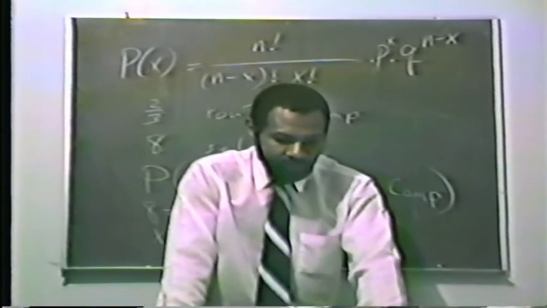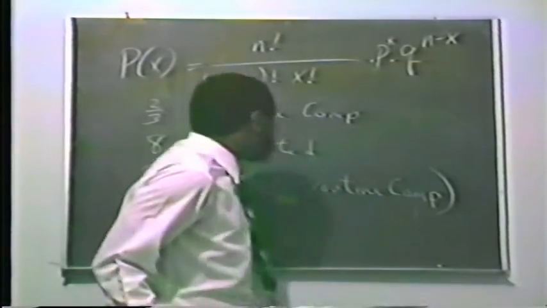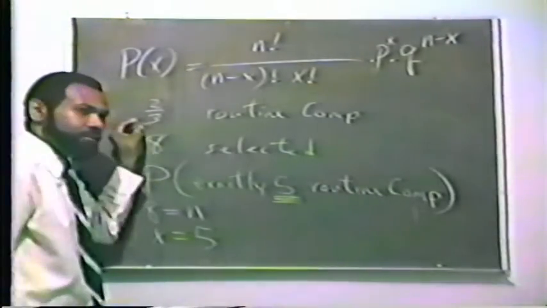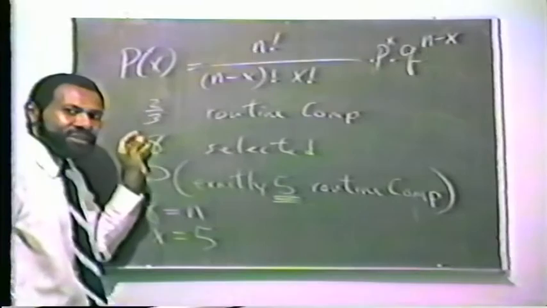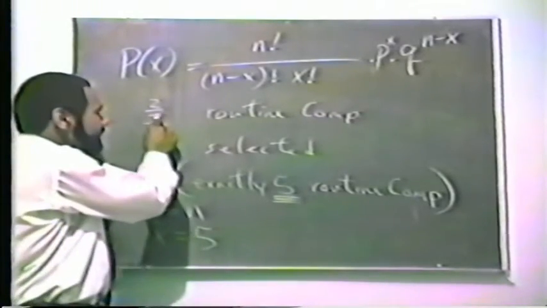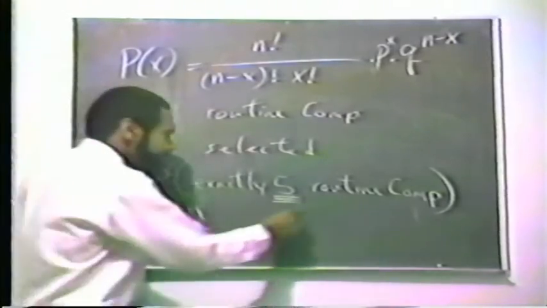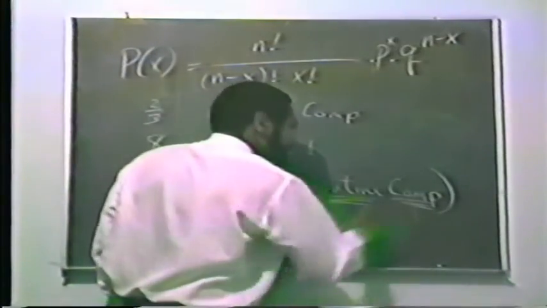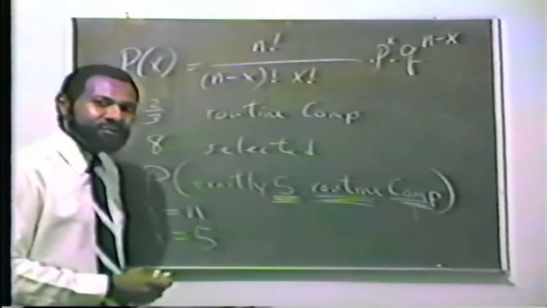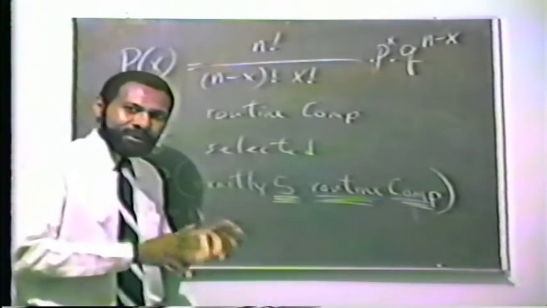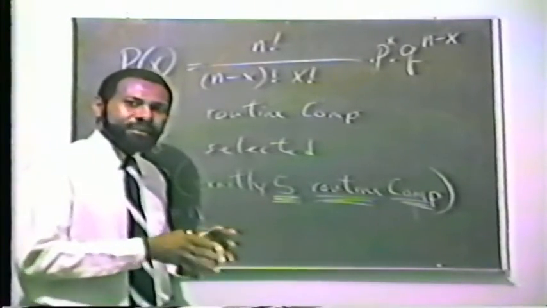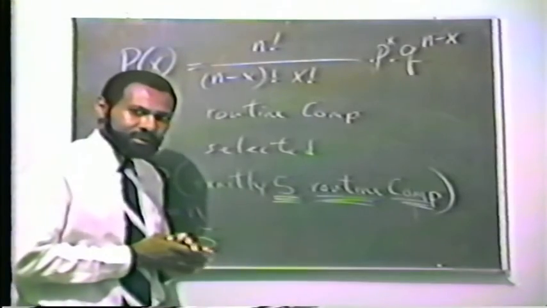In the problem that we have here, it was indicated that 2/3 of all Americans can do routine computations. So this represents the probability of success. A success here was getting a person that can do routine computations. You have to be sure to read the problem carefully so that you'll know exactly what is meant by success in the problem.